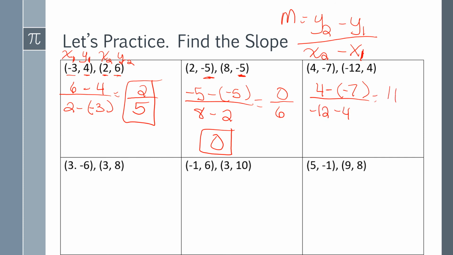So that is 11 over negative 8. Is my math right there? 11, 12, no, negative 16. Sorry, negative 16, sorry. And I know the negative is in the bottom, but that makes the entire thing negative, so we just say negative 11 over 16.